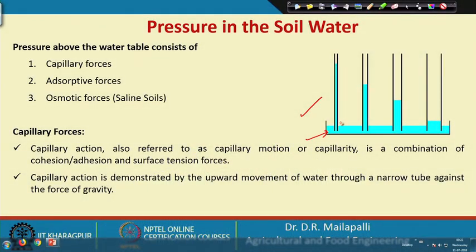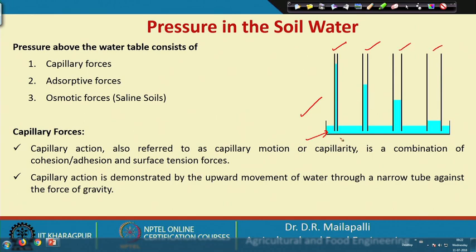Then what are the capillary forces? If you see the side picture, assume that there is a tub of water, and you put tubes of different diameters, with increasing diameter.